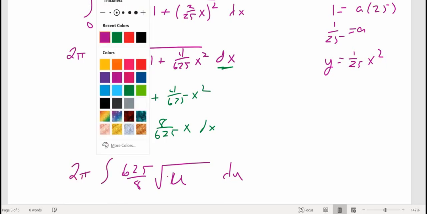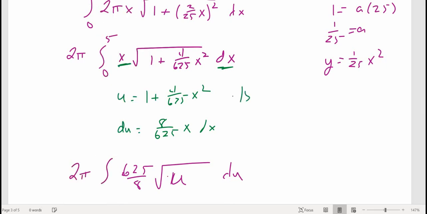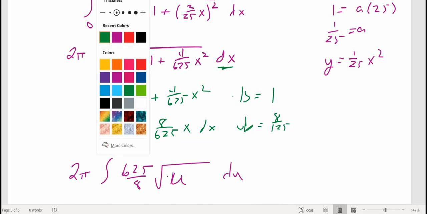And then we need the new upper and lower bounds, right? My lower bound, when x is equal to 0, is going to be 1. But my upper bound, when x is 5, is going to be 1 plus 4 over 625 times 25, which is 29 over 25.